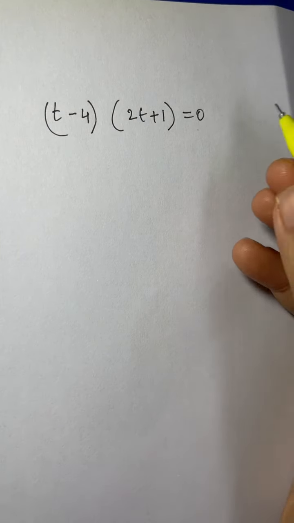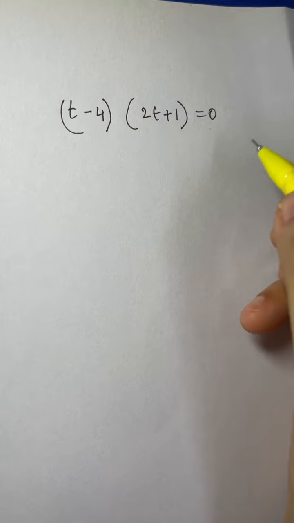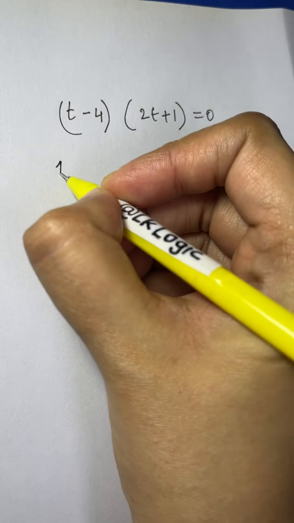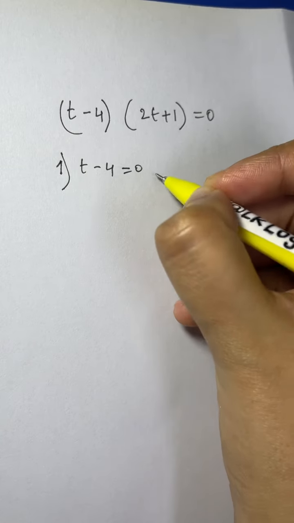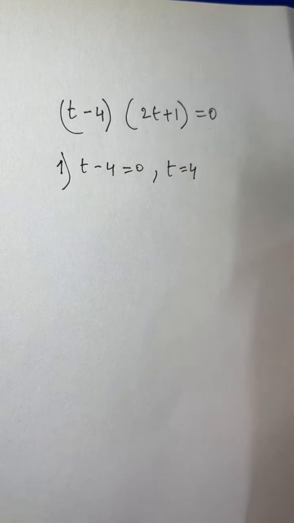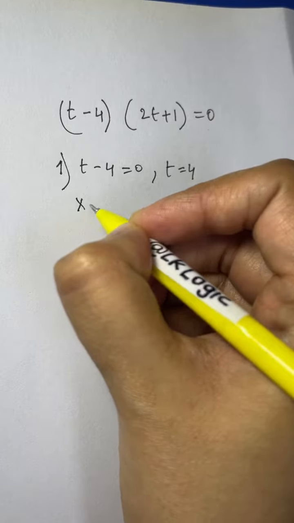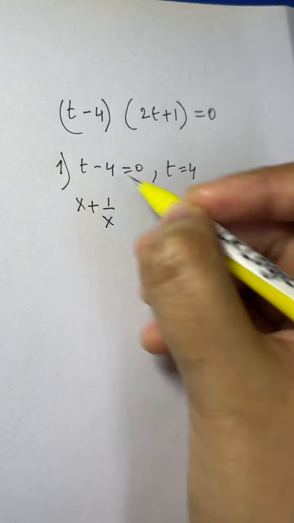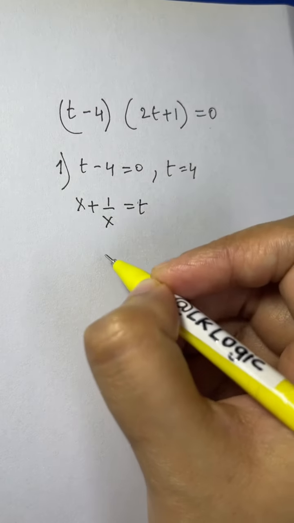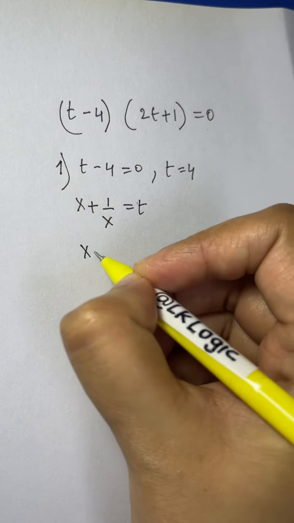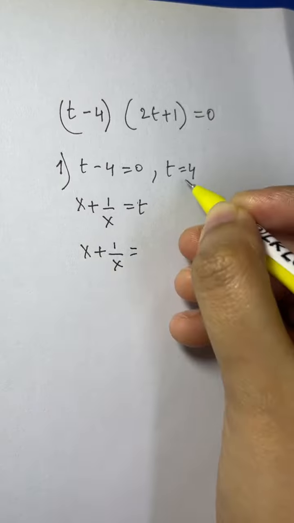Now, how many cases are there? How many cases can you find? The first case, when t minus 4 is equal to 0, you get t is equal to 4. But to find the value of x, let's substitute x plus 1 by x is equal to t, which is 4.